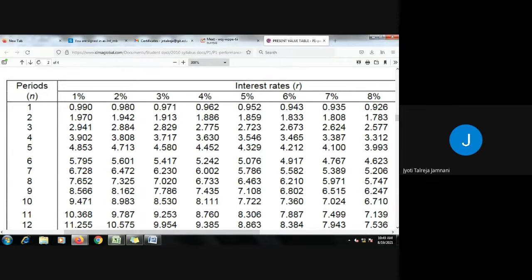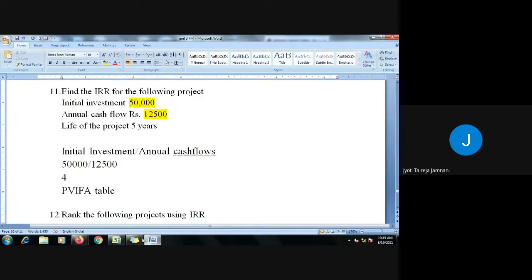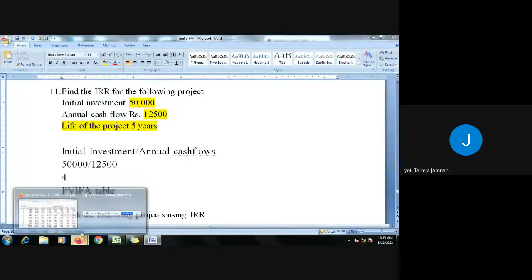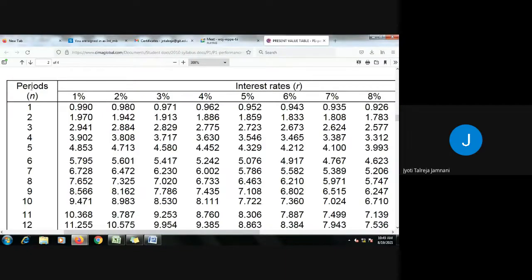They have told us that the life of the project is 5 years. So we know the years, but we don't know the rate. Here in the table, I know the period 1, 2, 3, 4, 5. So I have to take 5 years, and I don't know the rate.